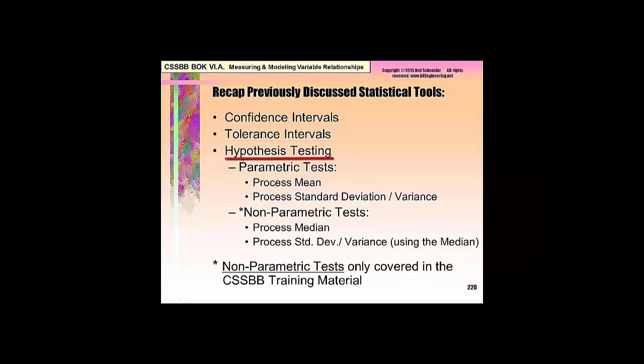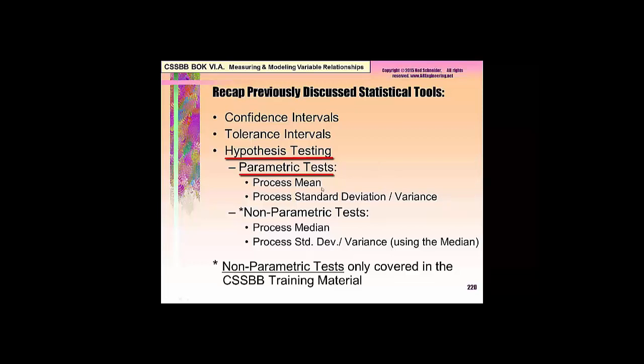Then we discussed hypothesis testing, and the first category of hypothesis testing we discussed were parametric tests, where we did 1 and 2 sample means tests using the t and z distributions. Then we did process standard deviation and variance tests for 1 and 2 samples using the chi-square and f-test respectively.